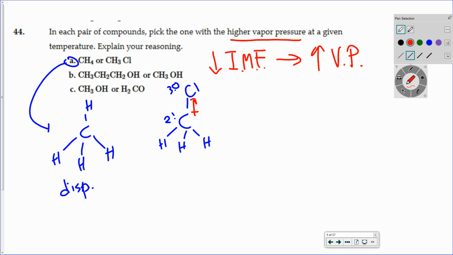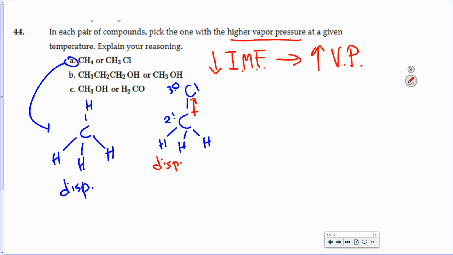So this one has both dispersion forces as well as dipole-dipole interactions. So the one that has the fewest intermolecular forces, the one that attracts each other the weakest, is the one that's going to form the most vapors. It's going to be the methane.